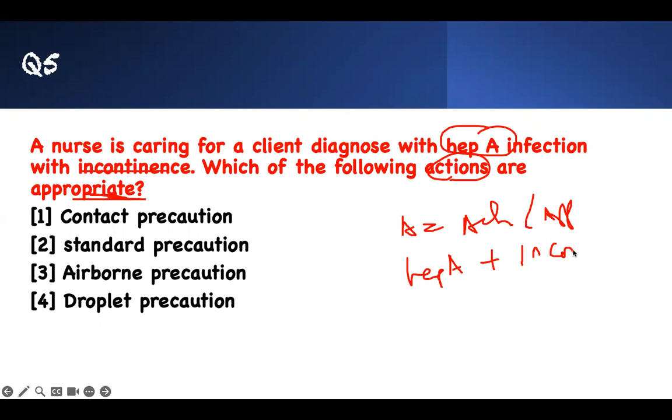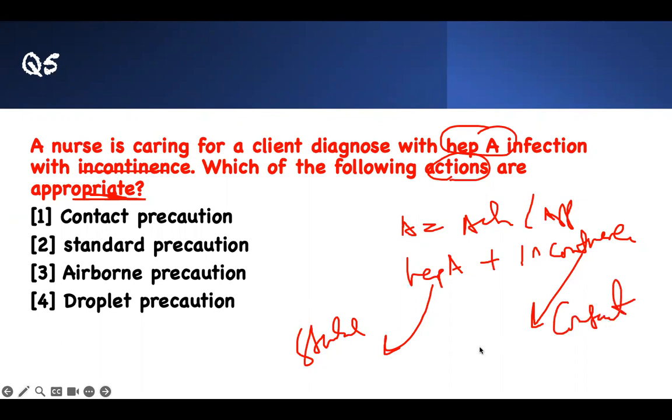So if I have incontinence, it changes everything. Hepatitis A is standard precaution, but now I have incontinence, so contact takes precedence. Contact precaution is the best. If they don't have incontinence, you just do standard precaution. So A is the right answer.